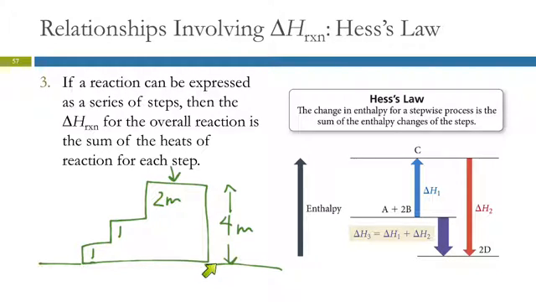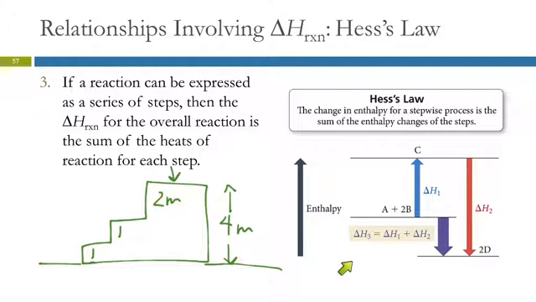You could go directly from the ground up to there, a big leap. The change in height would be 4 meters. Or you could go this way and go up 1, go up another, and then this last step is twice as big. So this difference is 1 meter plus 1 meter plus 2 meters. It's the same. Doesn't matter how you got there. You okay with that?